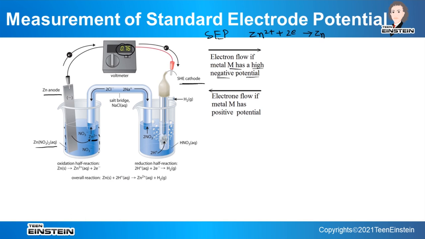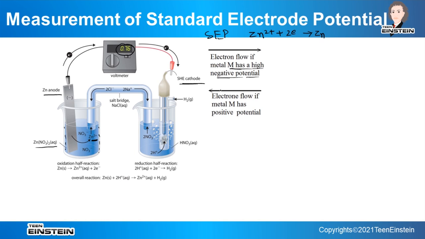But basically, whether this metal has high negative potential compared to SHE or not, that is, high negative means what? SHE is having 0 volt. So the other system, if it has some negative value, that means it has lesser reduction potential value compared to SHE. So that means it will be acting as anode. That is, it will lose electron, and that electron will be accepted by H plus.